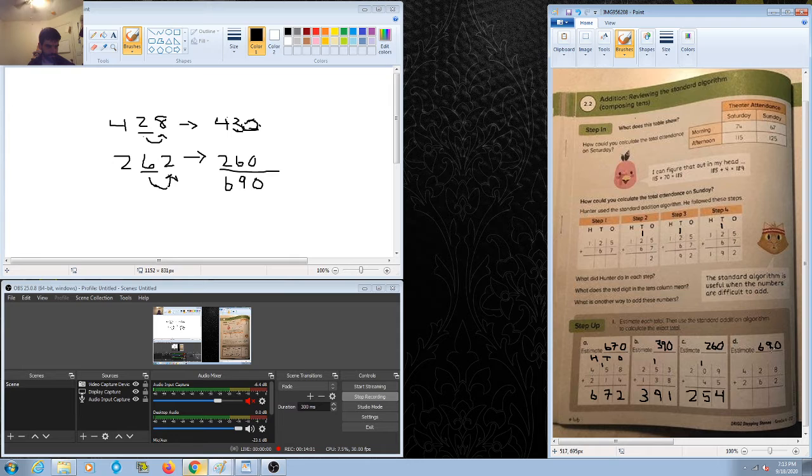Okay. Now let's go ahead and do our algorithm here. So 8 plus 2 is 10, but again we can't put a 2-digit number or larger into one place value. So we're going to put the ones place of 10 into the ones place, which is 0. Now this tells us that that 1 again represents 10 groups of 1.